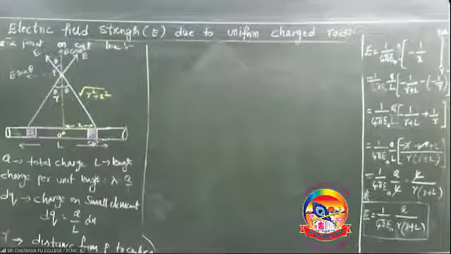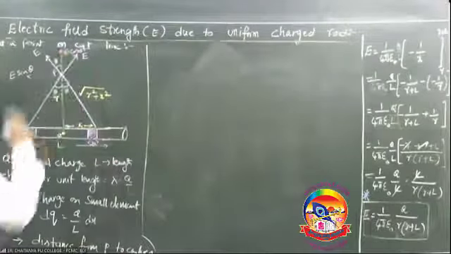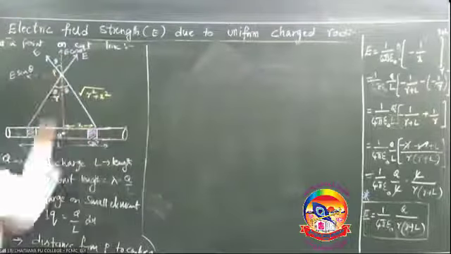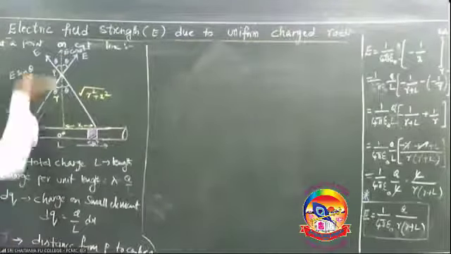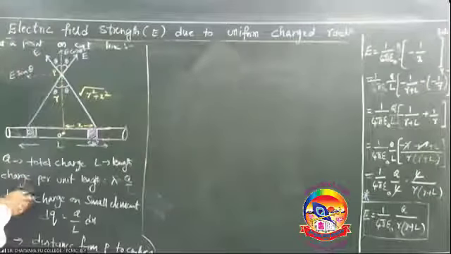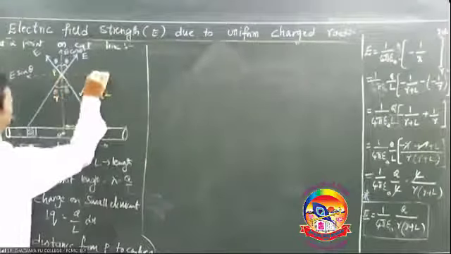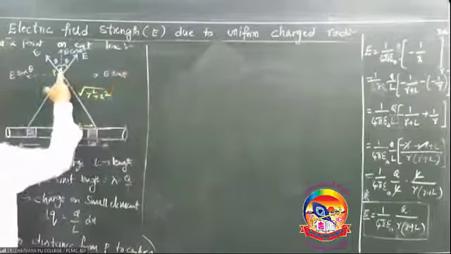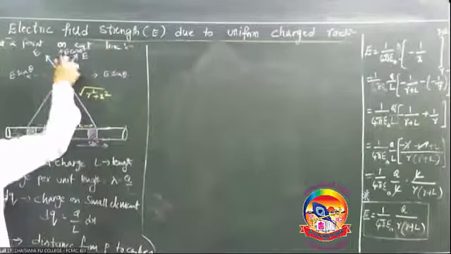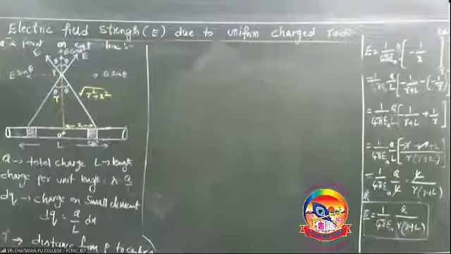For the other element also, this angle is theta, so along this direction the component is E sin theta, and along this direction it is E cos theta.